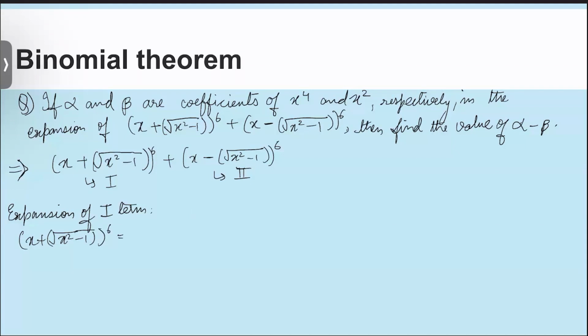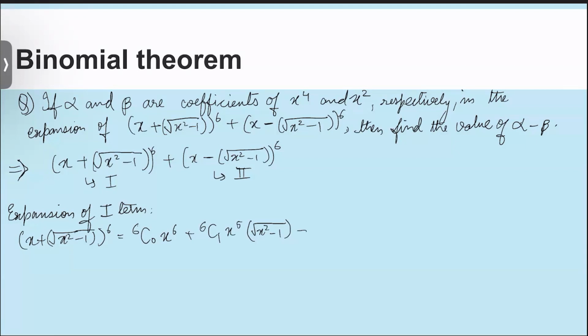Okay, so expanding this, what we get is 6c0 x raised to 6 plus 6c1. Now over here you'll get x raised to 5 and you will write the b part as it is, root of x squared minus 1.